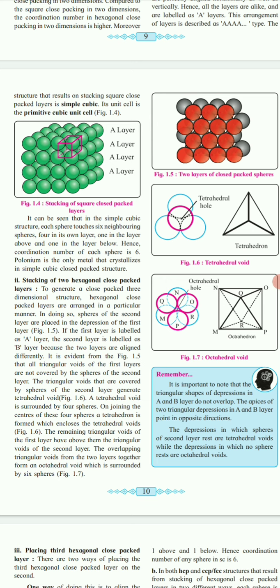Second, stacking of two hexagonal close packed layers. To generate a close packed three-dimensional structure, hexagonal close packed layers are arranged in a particular manner. In doing so, spheres of the second layer are placed in the depressions of the first layer, figure 1.5. The first layer is labeled as A type layer.